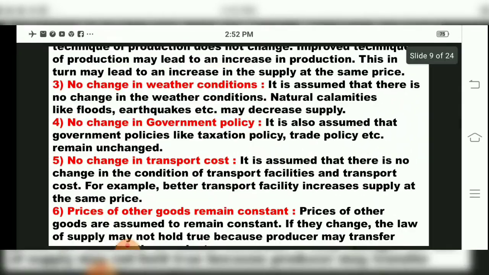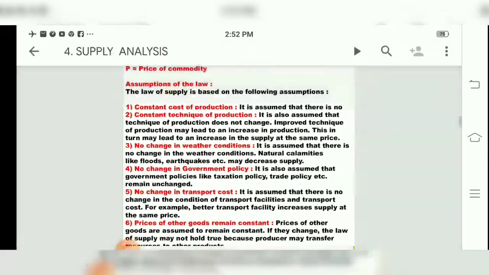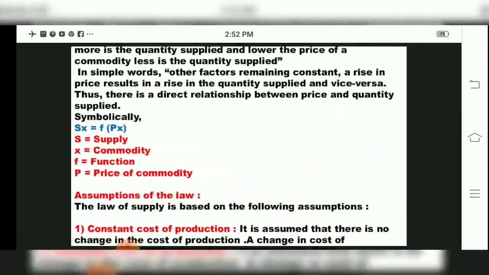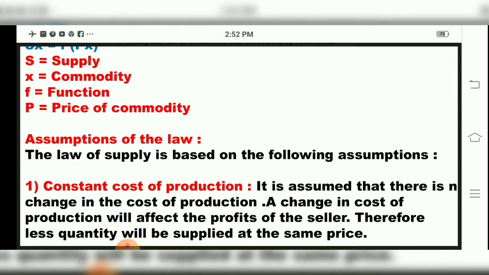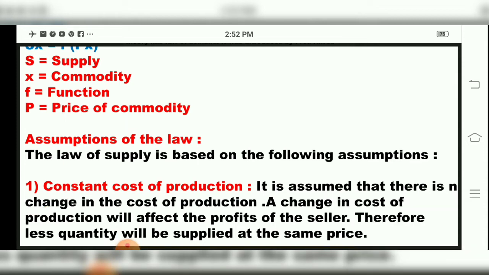Now one by one, children, we will see the assumptions of law of supply. Assumptions and exceptions are also important, children. Assumptions of law of supply, the first point, that is constant cost of production. It is assumed that there is no change in cost of production, and a change in cost of production will affect what?